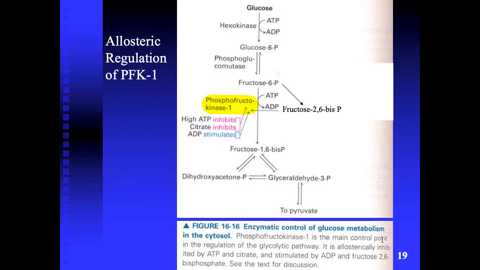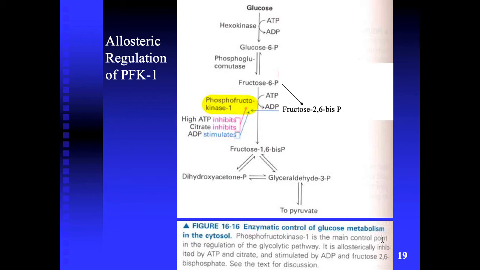The cell is regulating energy production based on how much energy it has. ADP, that makes sense, right? If you have a lot of ADP, that means you've expended a lot of energy and you need to make more. So if ADP concentrations go up, PFK1 activity is stimulated.